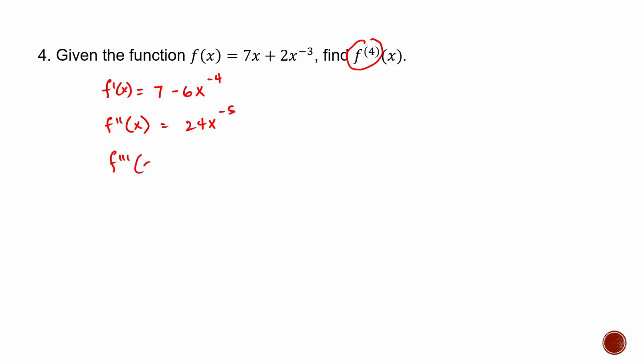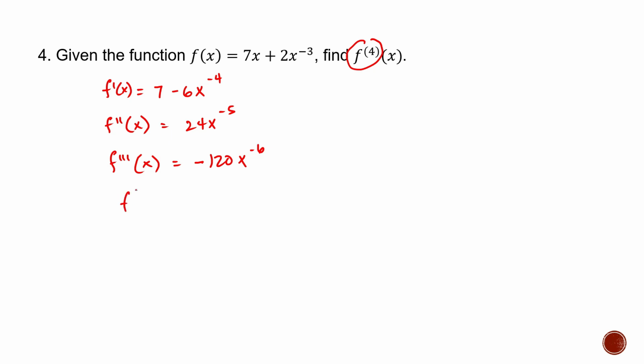Okay. Third derivative will be negative. So 24 times negative 5 is equivalent to negative 120 x raised to negative 6.